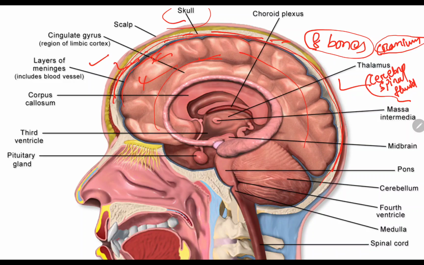It means it absorbs any kind of mechanical shocks and dampens any kind of external injury, and it absorbs all these shocks and protects your brain. It also sometimes provides basic immunological protection to the brain. It means any kind of bacterial or viral infection or any kind of disease is checked by your cerebrospinal fluid.